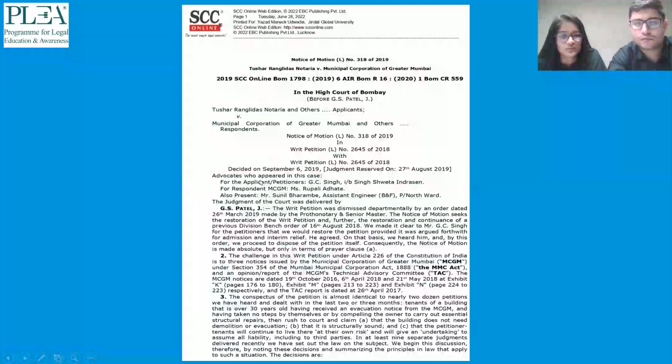Here, as you can see in this judgment, the quorum consists of Justice G.S. Patel before the Honorable Bombay High Court. Similarly, in all judgments, you will find the quorum. The quorum can be either of a single judge bench or a division bench.